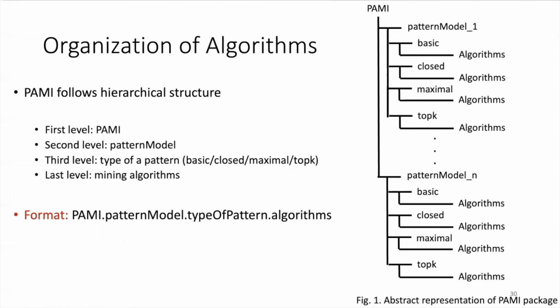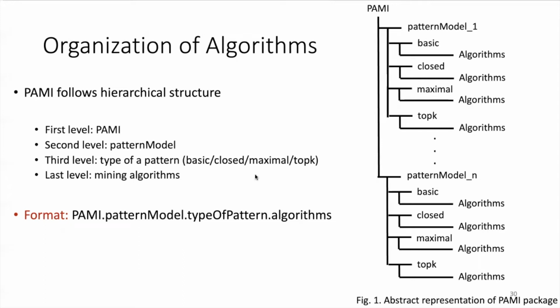The third level is going to be the type of the pattern. Basic means the basic model of a pattern, then closed, maximal, and top. These are the different versions of a pattern. And the last level is going to be the algorithms that exist.